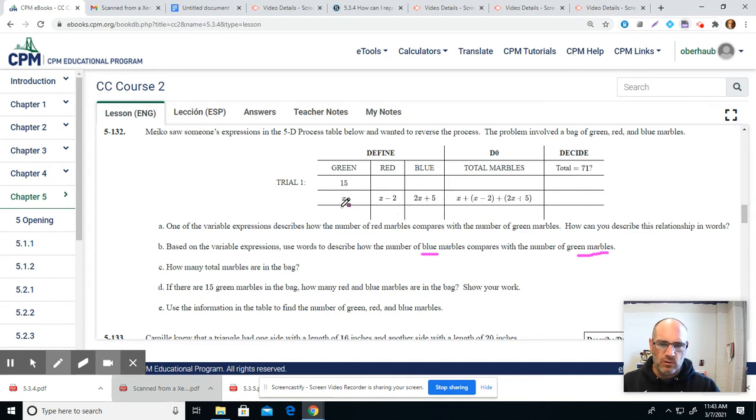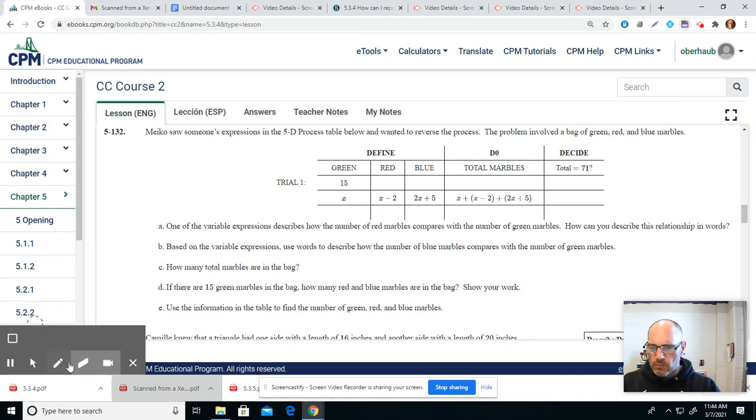So there are definitely going to be more blue marbles. I double the amount of green and add 5, because x is green. I double whatever I have for green, and then I have 5 more than whatever that is.